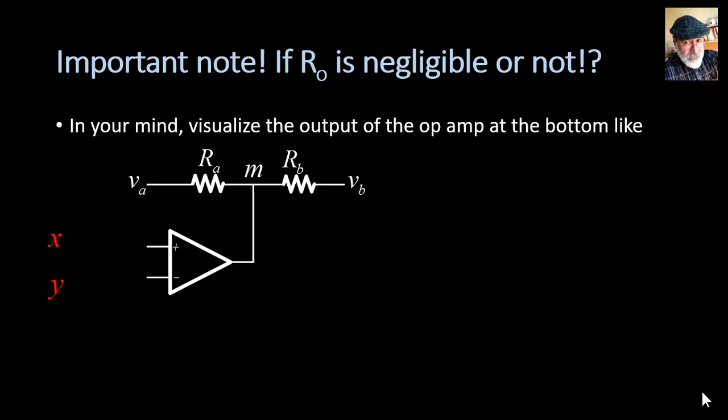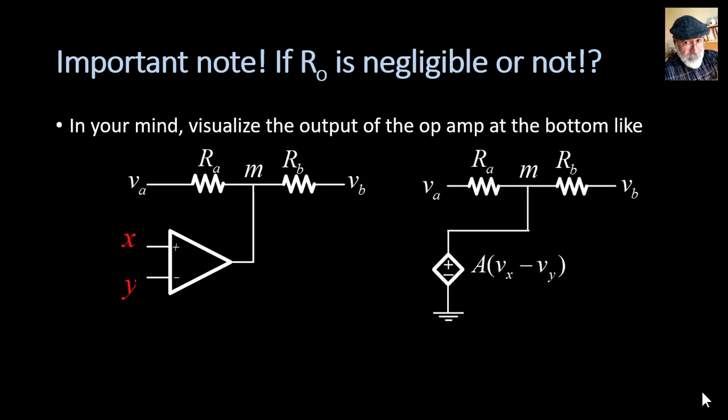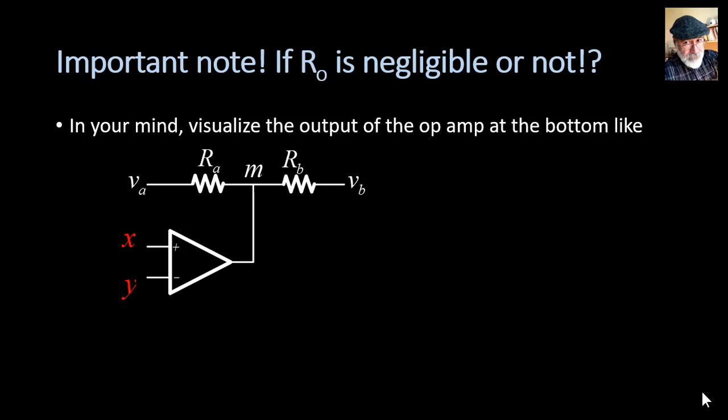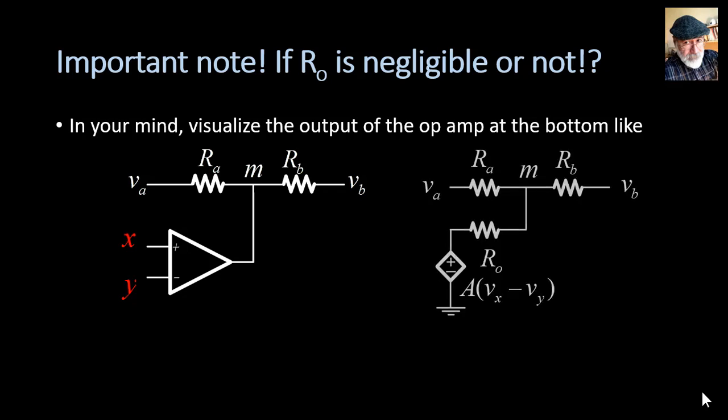An important note: what to do if R0 is not negligible, is not 0. If the op-amp is ideal, this is a situation that we visualize in our minds, and we write a KVL, an evil equation for node M, and we say Vm is the value of the source, A times Vp minus Vn. But if R0 is not negligible, as sometimes it isn't, this is the situation that we visualize, and we don't write a KVL, an evil equation anymore.